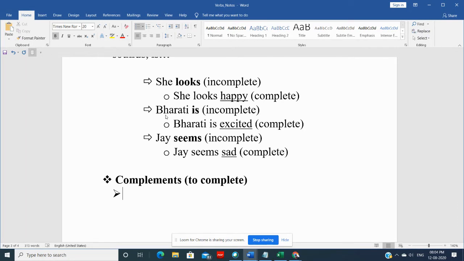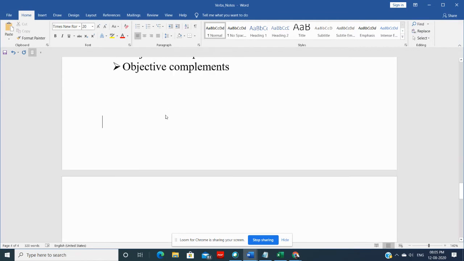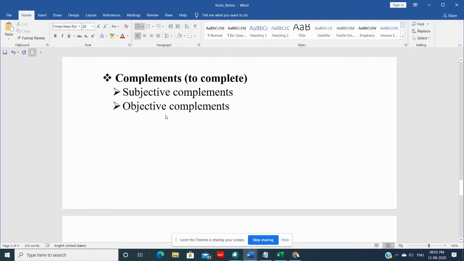See, these words which are acting like a complement, sometimes they act like a subjective complement or an objective complement, right? So some of these complements are subjective complements and some of them are objective complements.